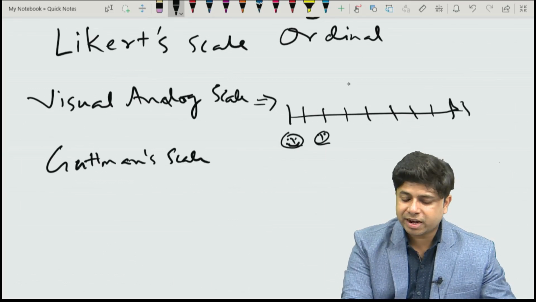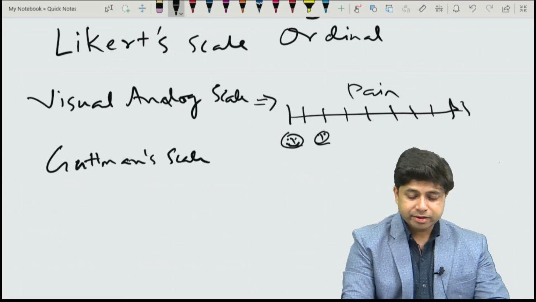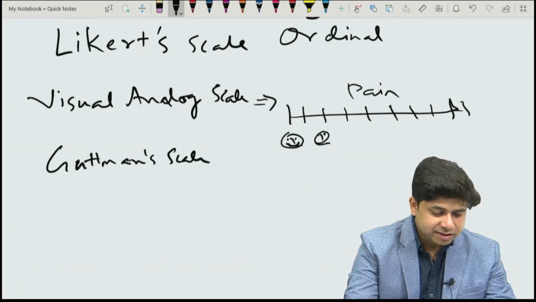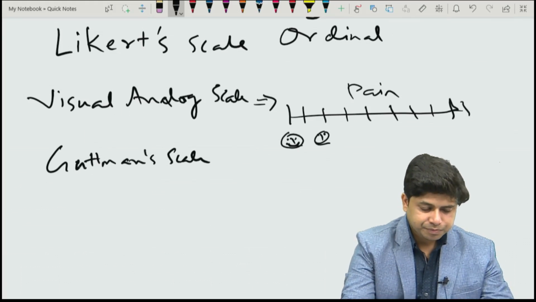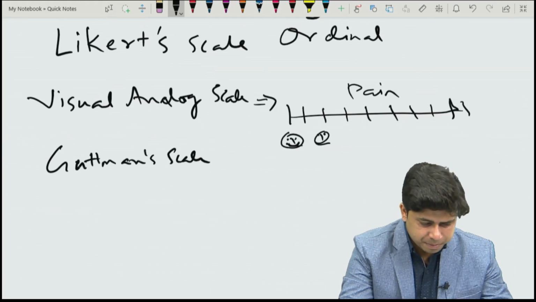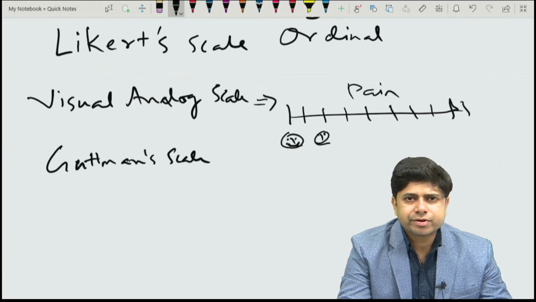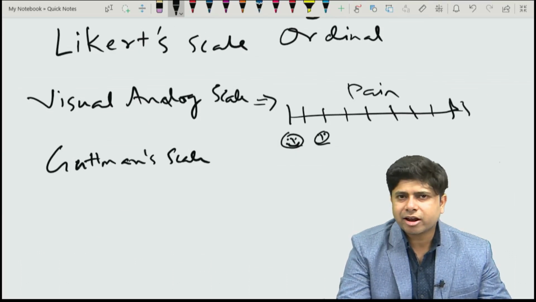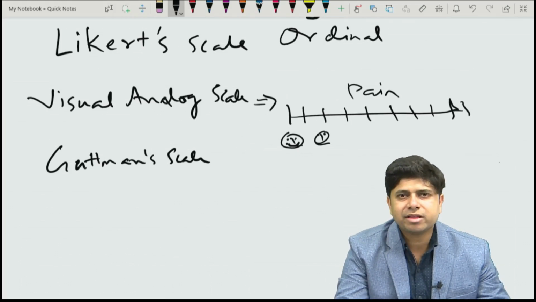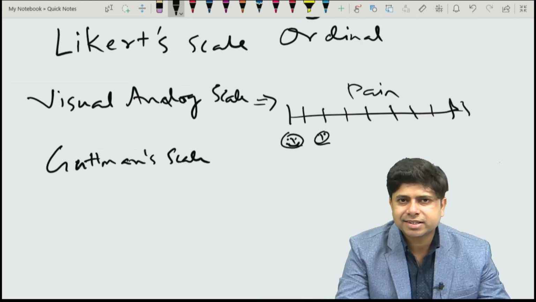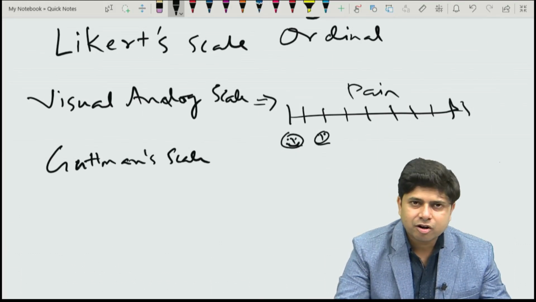This is used for pain assessment. Basically, the visual analog scale gives us the characteristic measures for a range across a continuum of values that cannot be easily measured. Like what? Pain. Pain cannot be measured. So the visual analog scale gives us the idea about the pain, the person making faces because of pain, and we are plotting those faces on a scale.